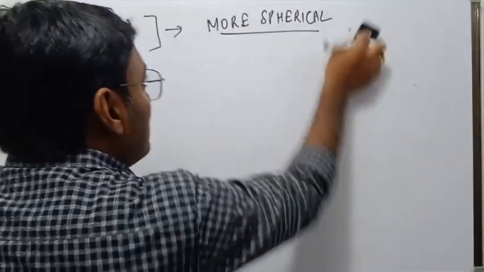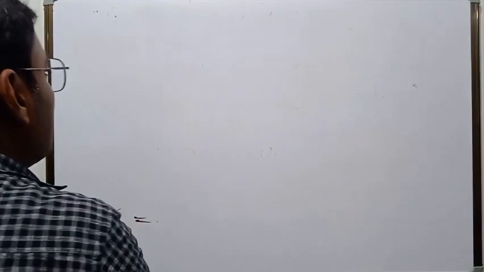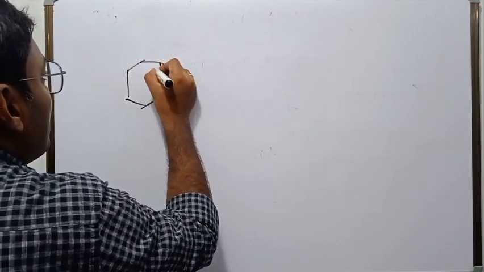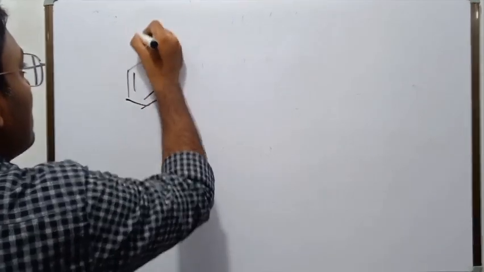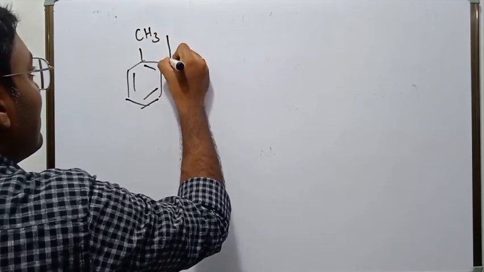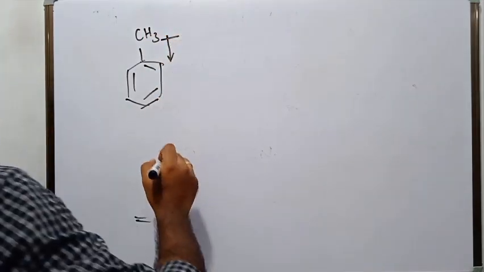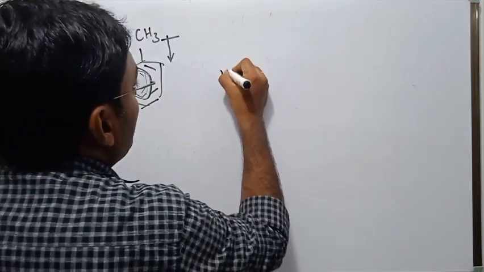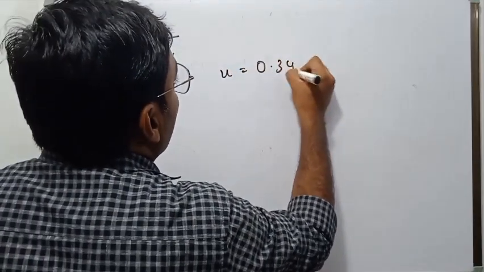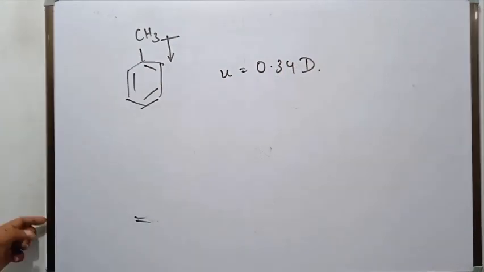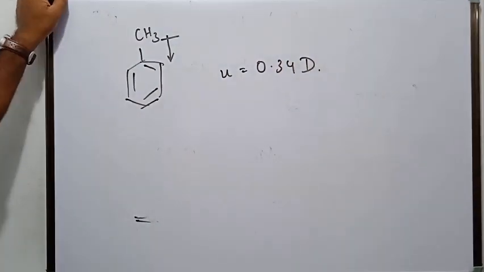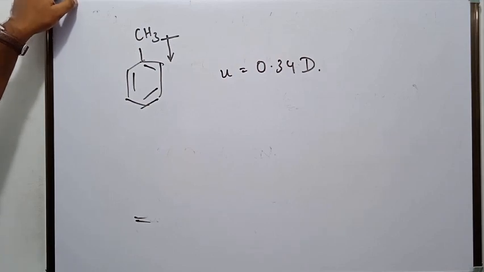This is proved when we are seeing toluene. So this is toluene. All are carbon atoms in toluene, but there is a polarity which is exerted downwards, and this polarity mu is 0.34 D. Why?